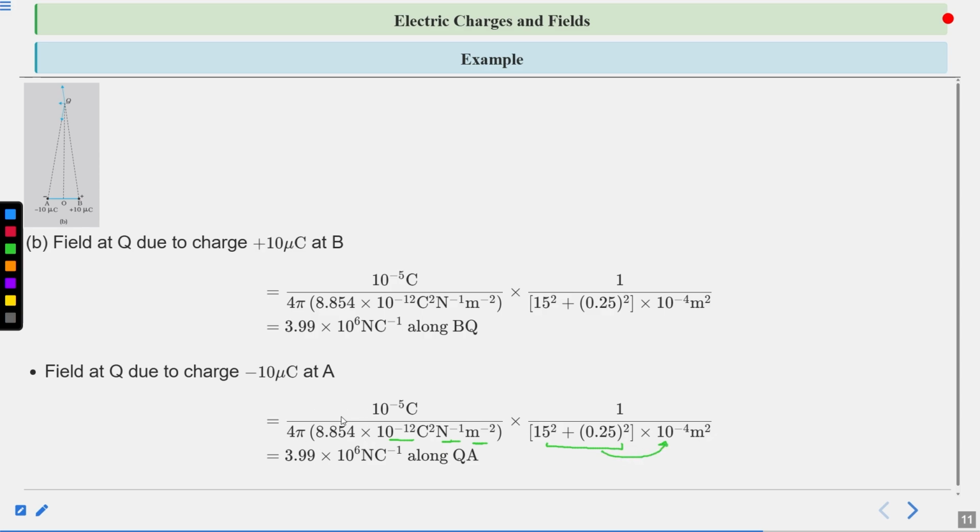So when solving this, you will get 3.99 into 10 raised to the power 6 Newton per coulomb along QA. The nature of the charge is minus, that's why the direction is towards the charge. Clear?